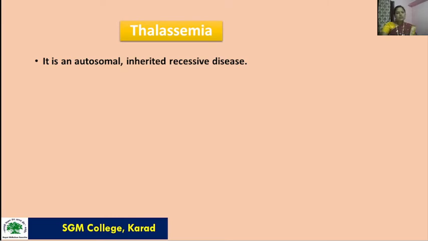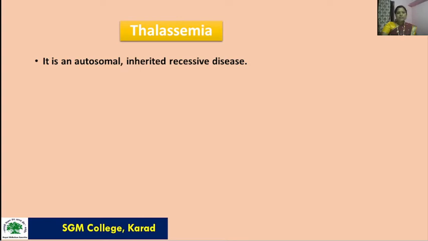The first disorder under Mendelian disorders is thalassemia. Thalassemia is an autosomal inherited recessive disease. The hemoglobin molecule is made of 4 polypeptide chains, 2 alpha and 2 beta chains.